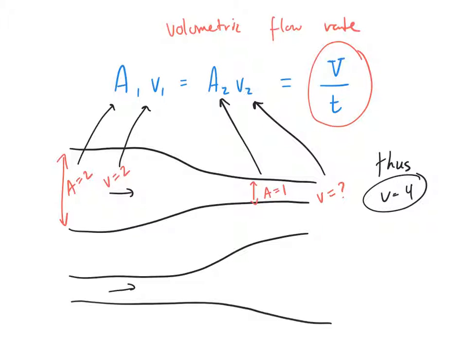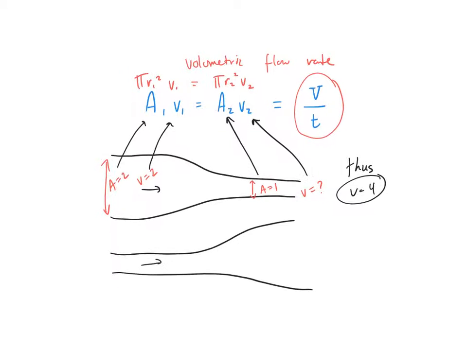So if the shape is a circle, your area, right, in this formula becomes the following. Pi r squared. This is the formula if it's a circle. All right, that's a circle. For a rectangular cross-section, it would look like this.